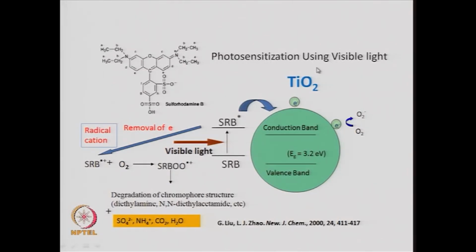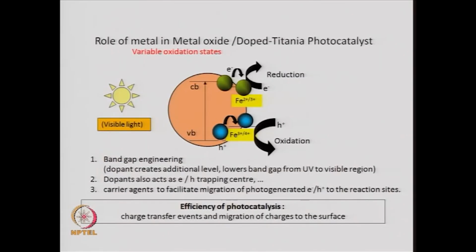So, how are you going to use visible light? Using a dye which acts as a photosensitizer. In the previous case you brought down the band gap by adding metal oxide as dopants, and then visible light became useful to make it act as a photocatalyst.